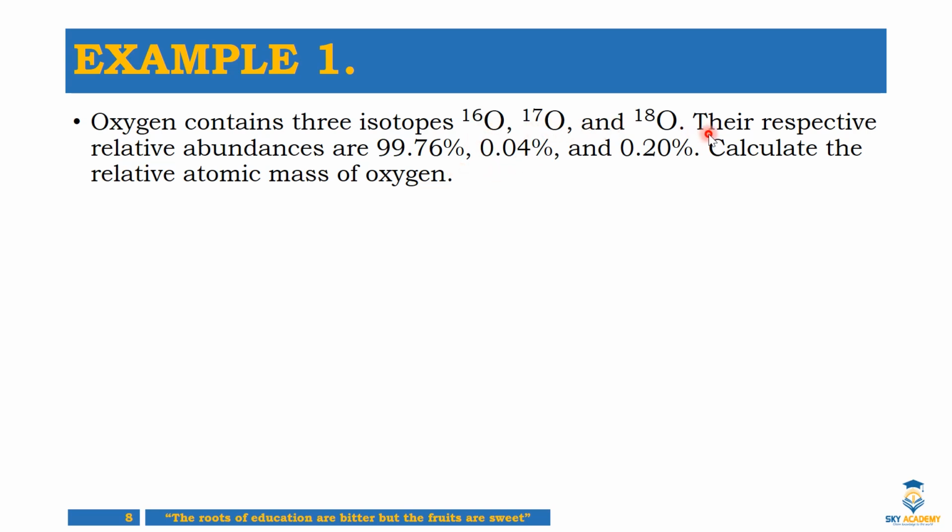We have said it earlier. To understand what abundance is, those kinds of oxygen are not in the same quantity in the atmosphere.